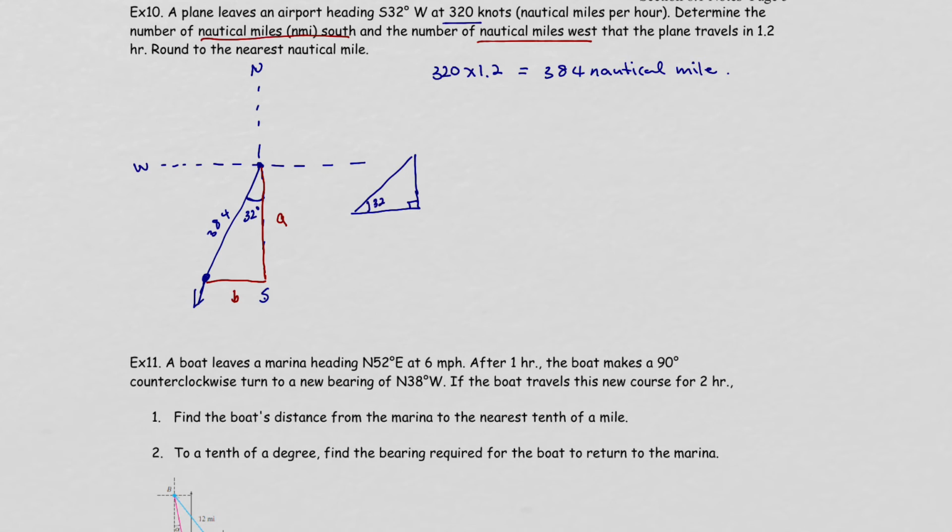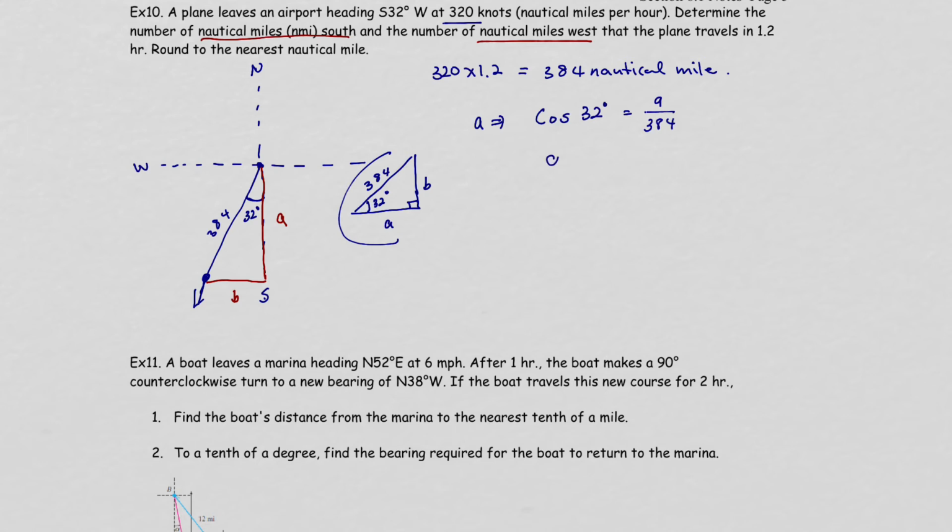Opposite of 32 will be B, and you have A here, and the hypotenuse is 384. So if we want to find A, we are going to use cosine 32 degrees, which should equal A over 384.